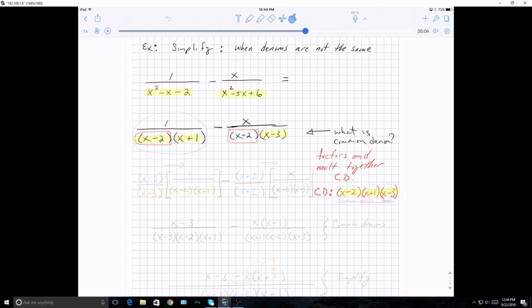Now, what do we want to do with this? We want to make sure that we can simplify this and combine them. The easiest thing to do would be to multiply the entire thing by that common denominator, and you'll notice that the denominators will cancel out if you're multiplying through the whole thing.